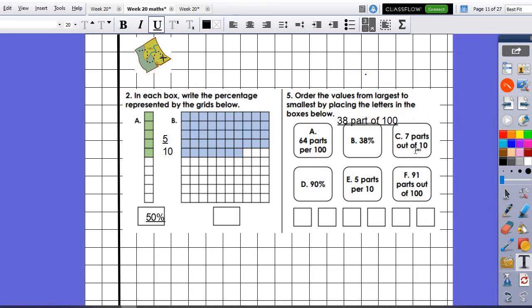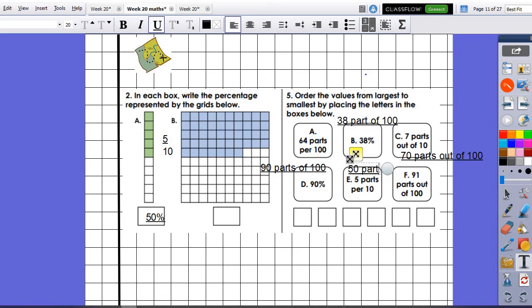This one's 7 parts of 10. I'm going to make it out of 100, so 70 parts out of 100. The C, and then D, 90 parts of 100, and E will be again out of 10, so times that by 10, and that's 50 parts.